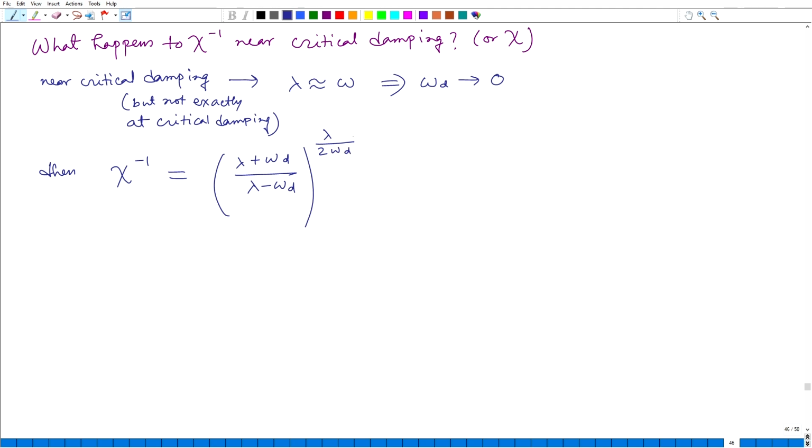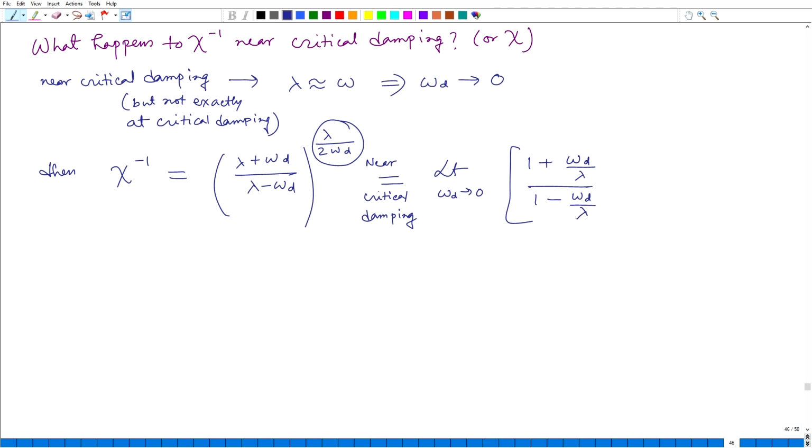So, you see that here omega d and lambda, they are not very close. Okay. So, you cannot write that as approximately equal to half. What you can write here is, so near critical damping, you can write this is nothing but omega d tends to 0, and then you can write this as omega d over lambda by 1 minus omega d over lambda.